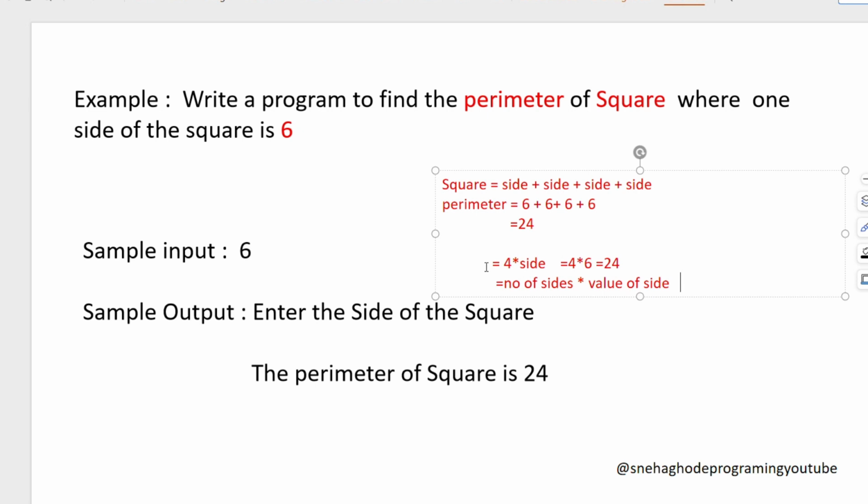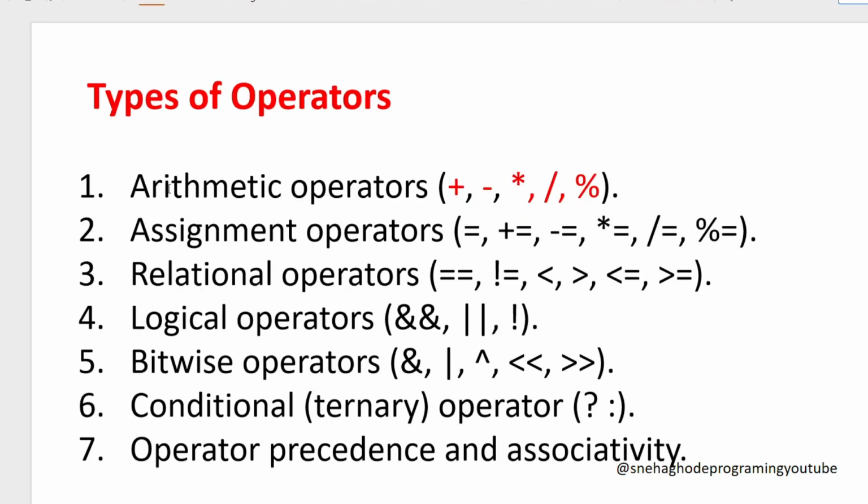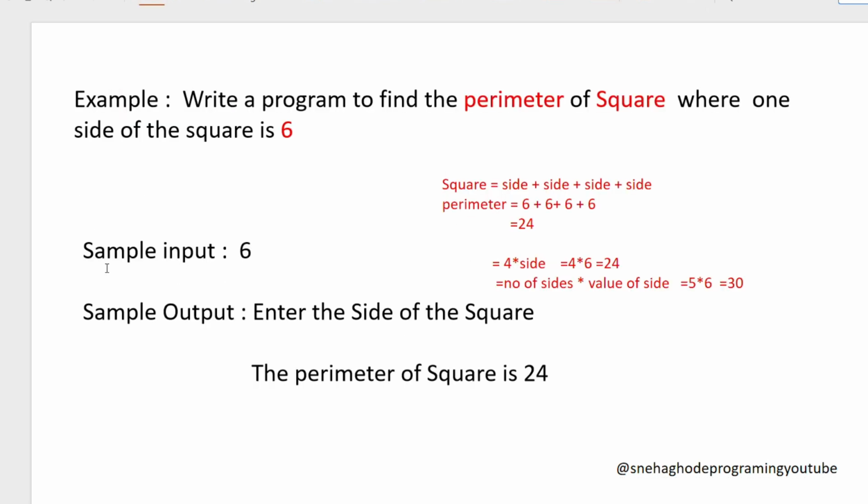So if it is a pentagon, 5 into 6, so 30 will be our answer, right? Hope this is clear for everyone. So in the arithmetic operators, we have seen 2 examples: first for addition, second with the operator sign for multiplication, right? Okay, let's have a look.